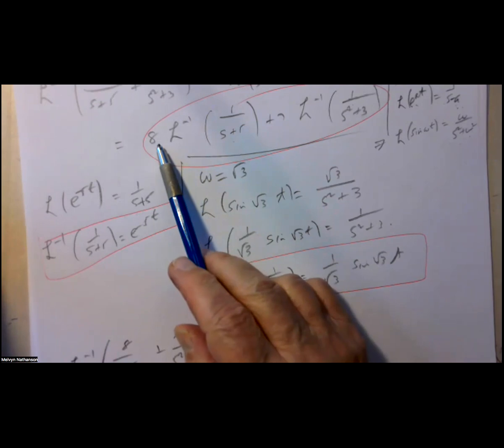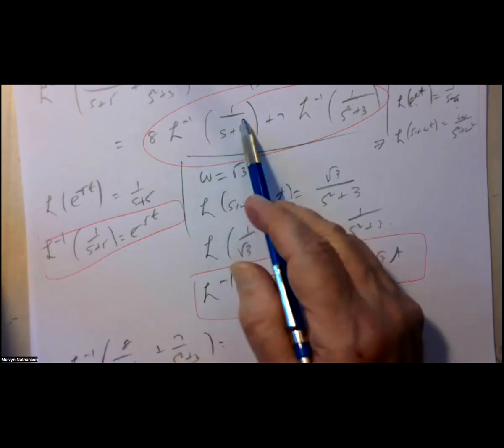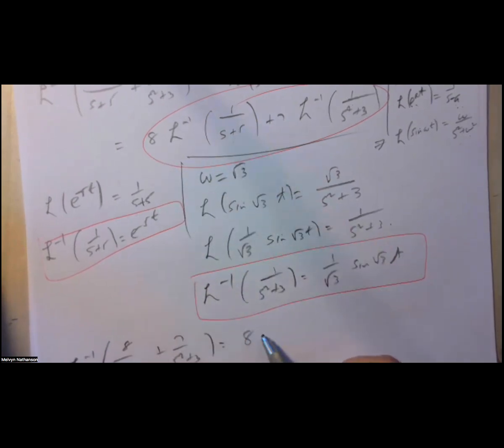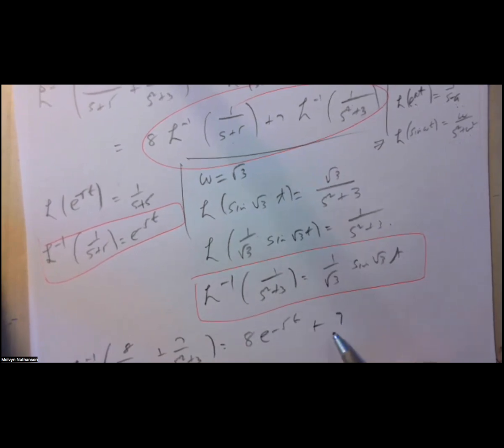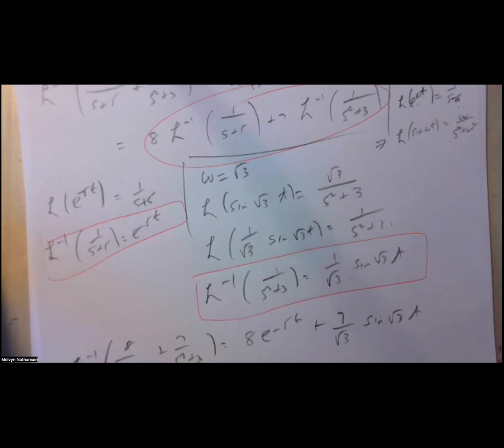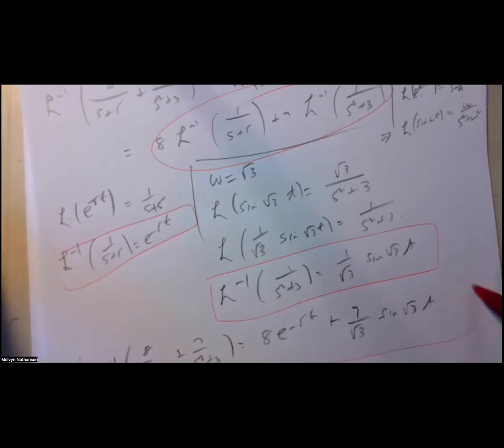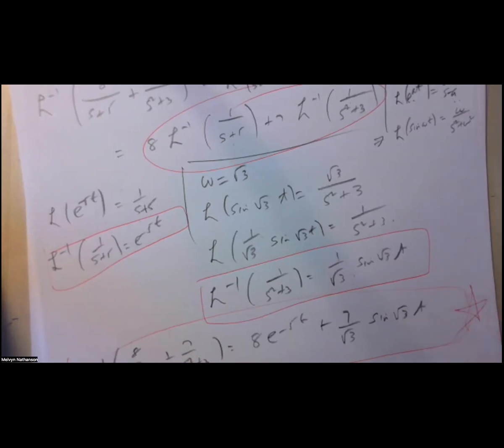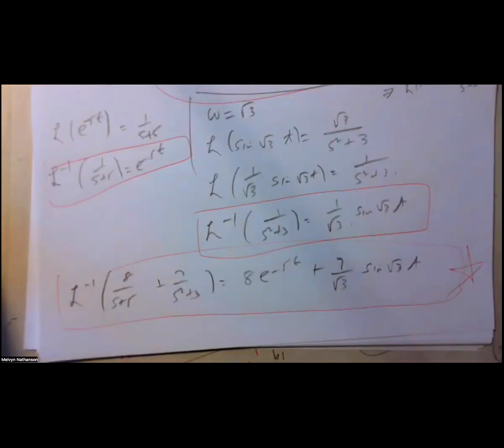That's going to be 8 times this inverse transform, 8 e to the minus 5t plus 7 times this. So that's 7 over the square root of 3 times the sine of square root of 3t. So that is the solution to my problem.